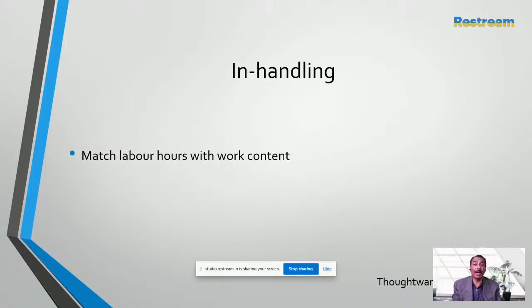So we may be handling a lot of skilled or unskilled labor. You need to also match labor hours with the work content. Maybe some items you can lift by hand, some items you need a specific forklift to unload, or sometimes you also need a crane to unload. So all this has to be matched.